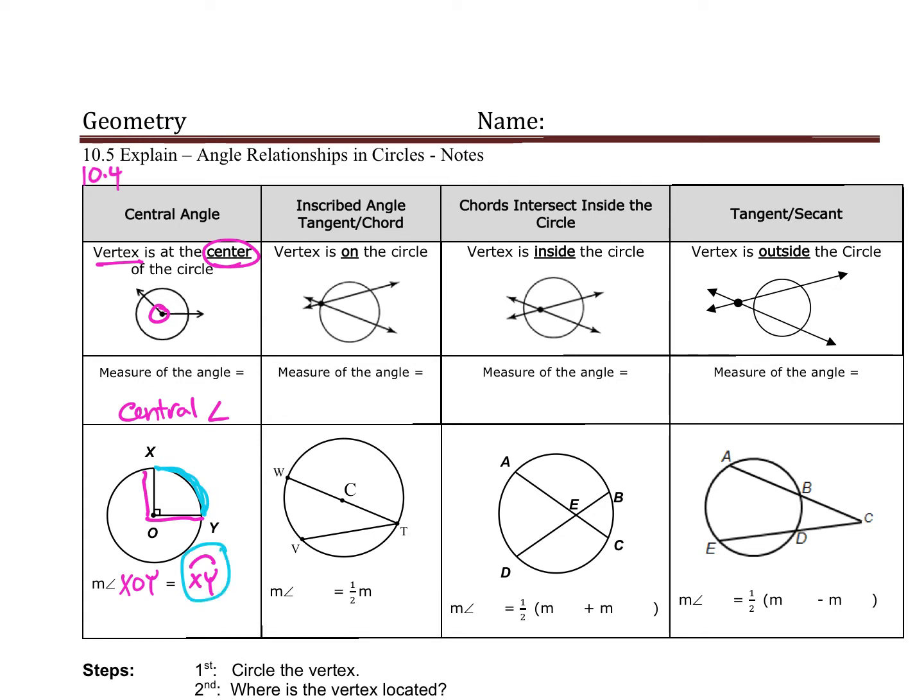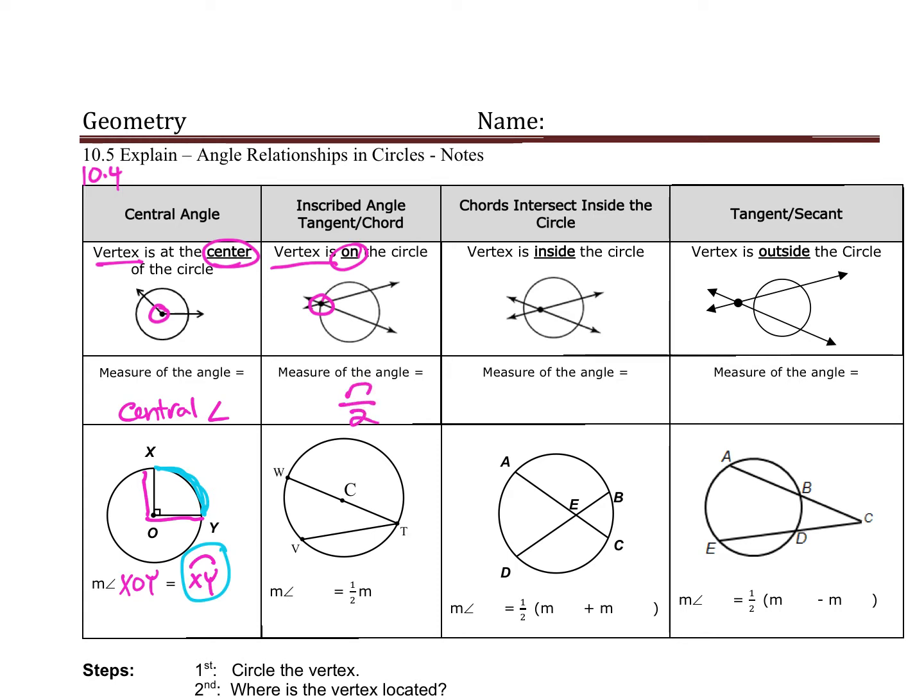Now, let's look at inscribed angles. That's on the inside. So if the vertex is on the circle, circle your vertex. The measure of the angle equals the arc divided by 2.